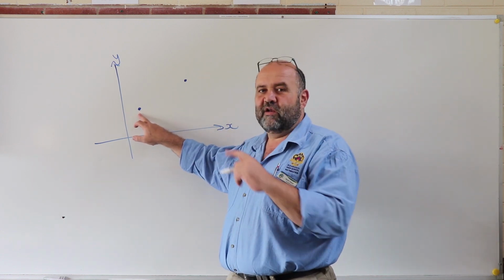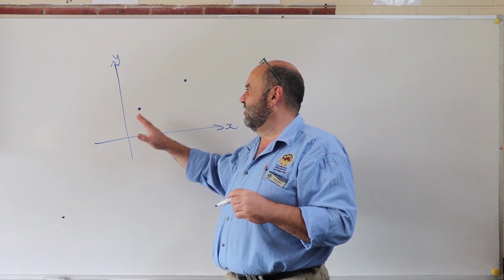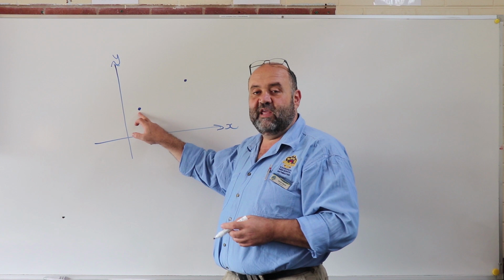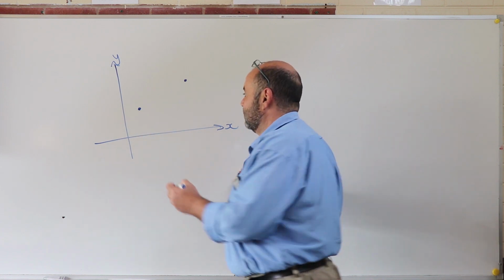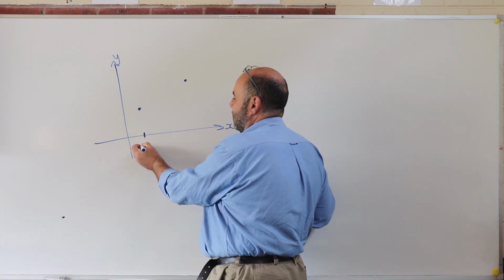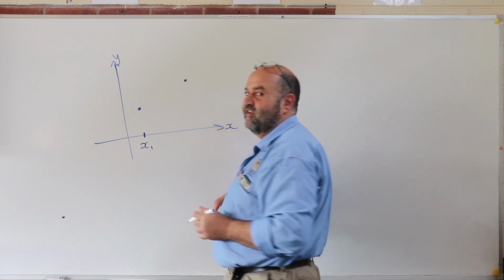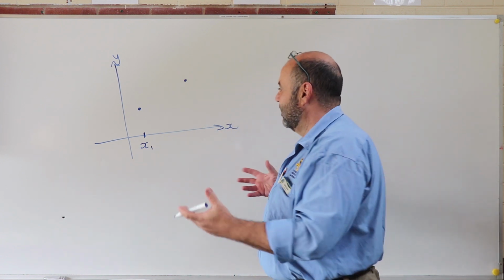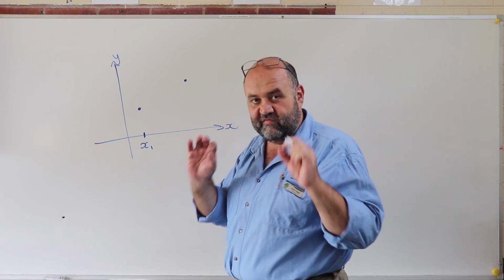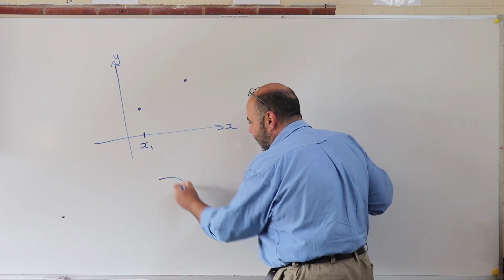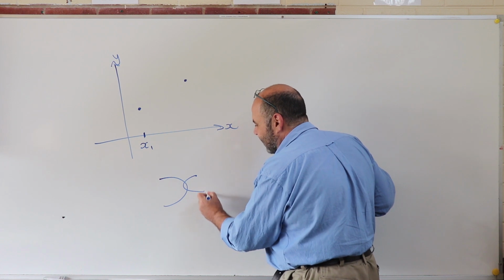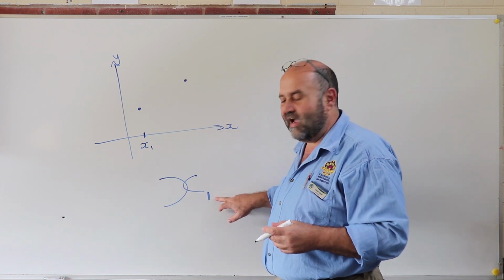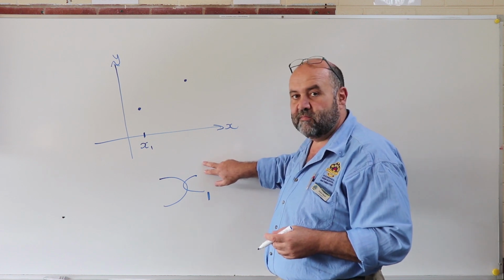Every point on the number plane is defined in terms of its x and y coordinate. So this guy here has got an x coordinate, and I'm going to call that x subscript 1. Now it's not a power, so let me explain this for complete clarity. I write x subscript 1, in the same way that if I was to write a power, the power would be up here.